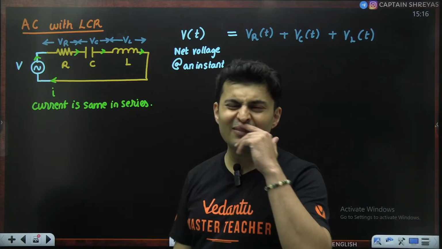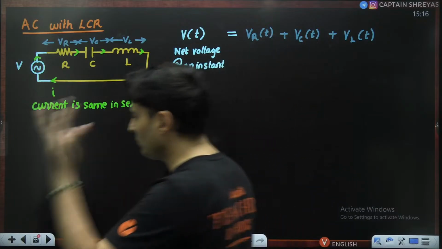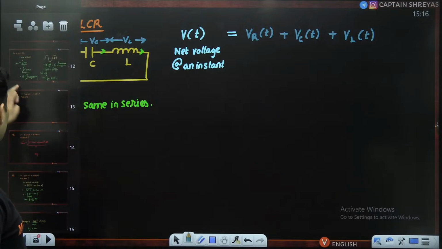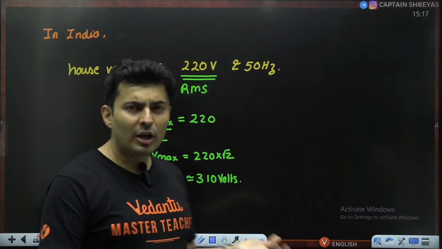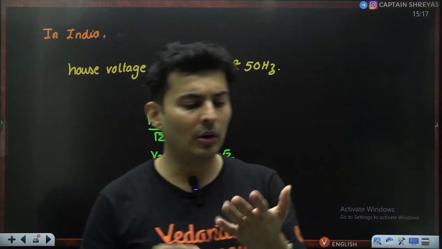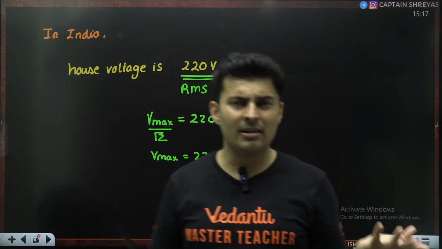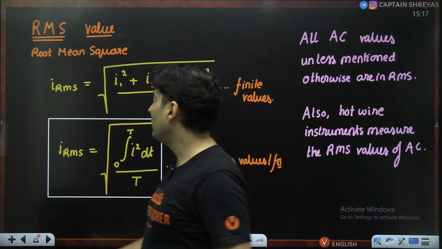But usually we don't worry about instantaneous voltages in AC. When was the last time we worried about instantaneous voltages? Like I told you, in India, household voltage is 220. Where do you bother, oh, now it is 199, now it is 198, now it is 197? What you generally care about is RMS, or just the average, or just the maximum value.